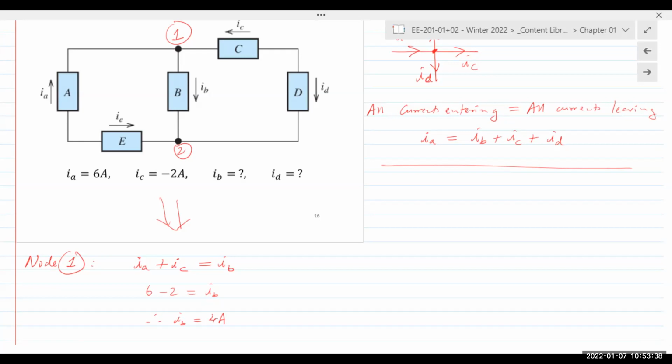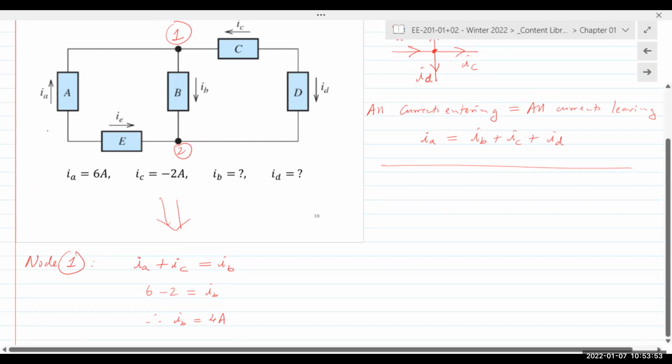And then you have ID up here, but ID is actually going the opposite of IC. So you would say IC is equal to minus ID, and you just flip the sign. Let's call this node 3.